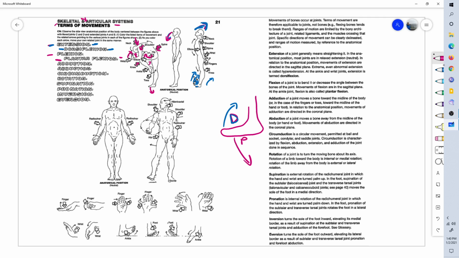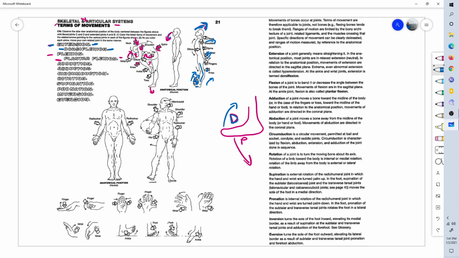So let's go through some more extension movements here. Spine extension would be bending backward. Wrist extension here would be bringing your wrist backward. Knee extension is a straightening of the knee. You can see here is even hyperextension.